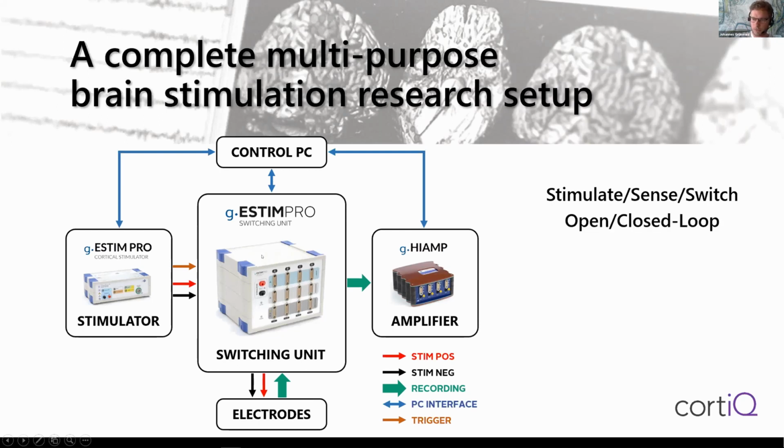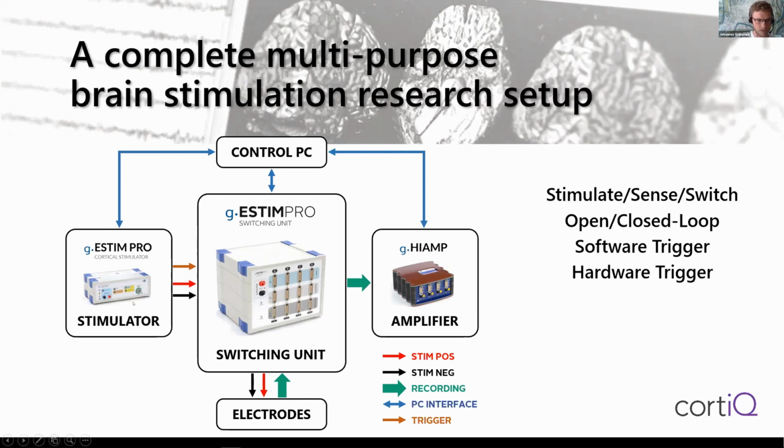We can do it either open loop or closed loop, so we can use input data recordings from the amplifier, process it, and generate triggers or switching commands from the recorded data in real time. We can either use software triggers, so trigger by the control PC, or we can use hardware triggers, which is this dark orange arrow here.